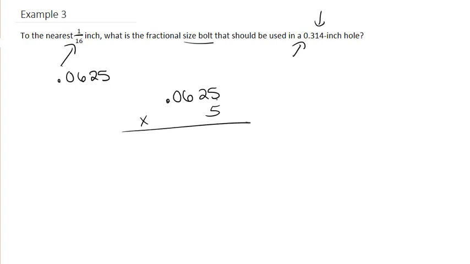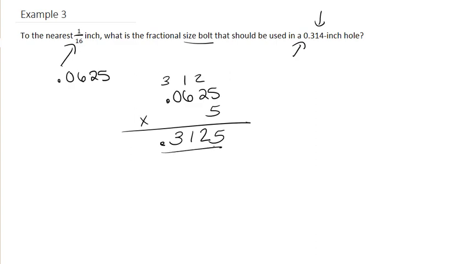5 times 5 is 25, carry the 2. 2 times 5 is 10, plus 2 is 12, carry the 1. 5 times 6 is 30, plus 1 is 31, carry 1, and then carry the 3. 5 times 0 is 0, plus 3, so we get 3. So we get 0.3125, which is really close to 0.314.